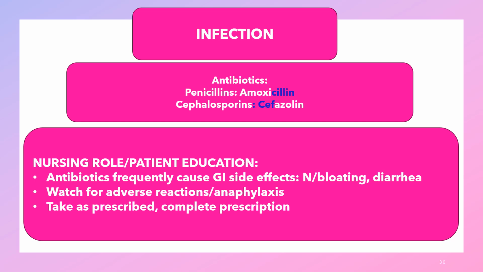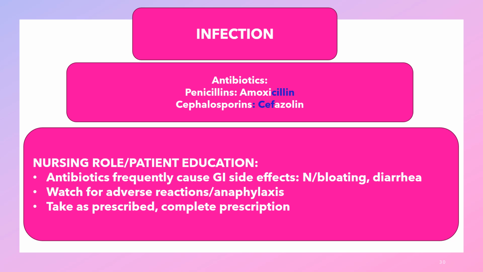As we talk about inflammation and the potential for infection within the gallbladder, we have to consider antibiotics. The top ones that you're going to see are amoxicillin and cefazolin. As far as the nursing role, we know that antibiotics can frequently cause GI side effects. We already have a concern for nausea, vomiting, and diarrhea.